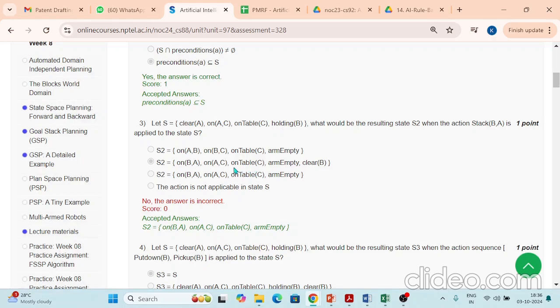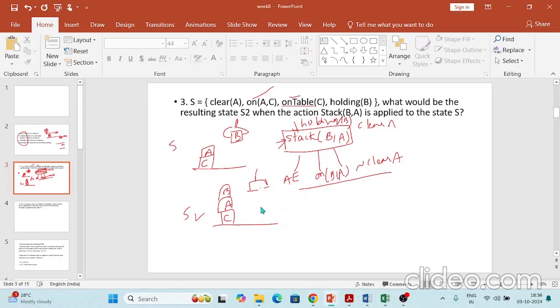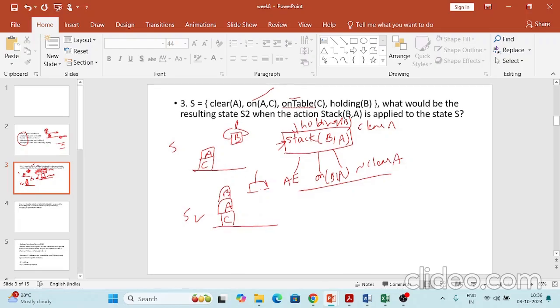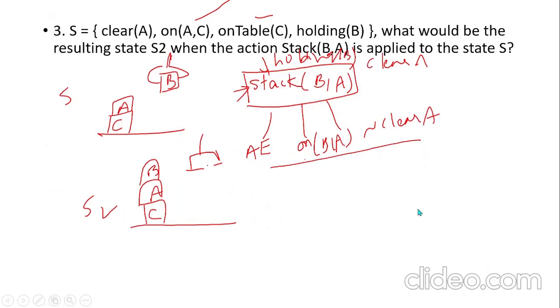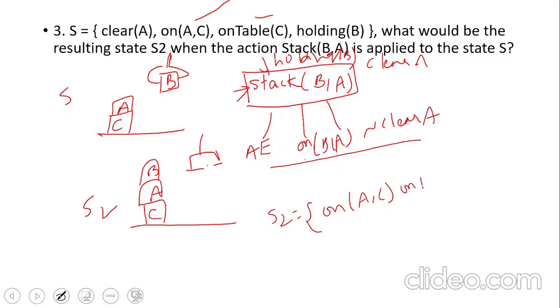What happened here is, if I want to write the state, previously in S we had clear A, but now not clear A, so it won't come. On A C will be as it is, on table C will be as it is.